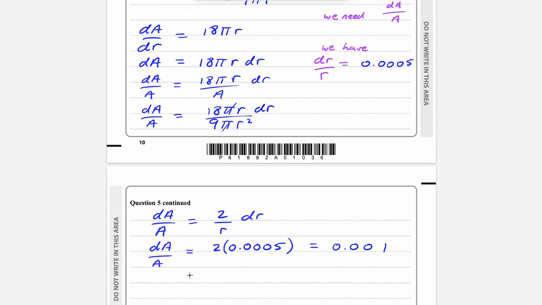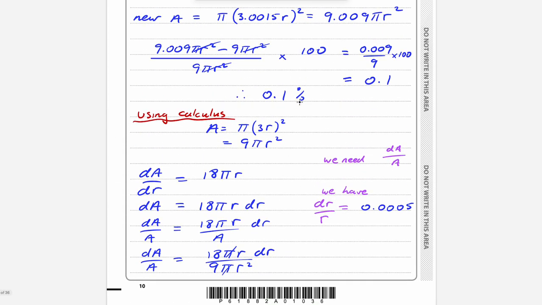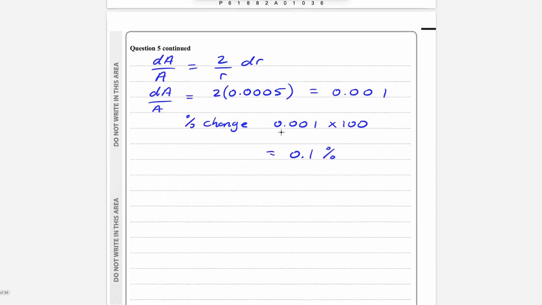So the percentage change is 0.001 times 100, which equals what we expected, 0.1%, because that's what we got the original way.